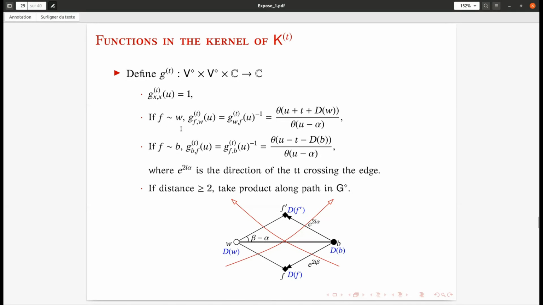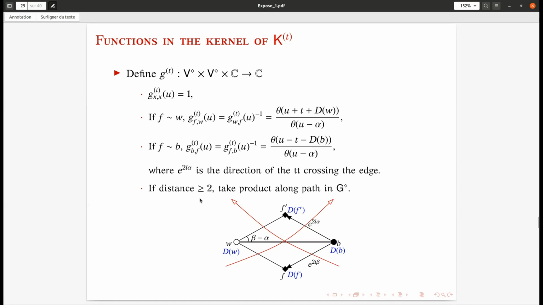And then when you have two adjacent vertices, you have two definitions depending on whether it's a vertex of the dual graph and a white or a vertex of the dual graph and a black. And in one direction, it's the opposite of the other direction. And this function g on an edge is also defined with a theta function with d and with t. And so this is for adjacent vertices.